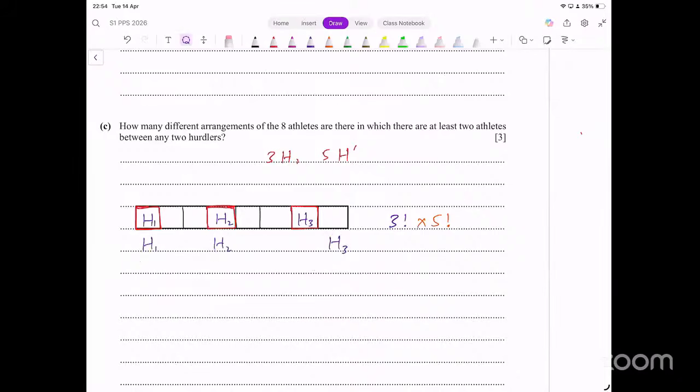What other possibility is there? We could say there is one hurdler here, another hurdler here, another hurdler here. That's another possible scenario, such that we have 2 here and then 3 here. In this case, we've got 3 here and 2 here. This also satisfies the condition.